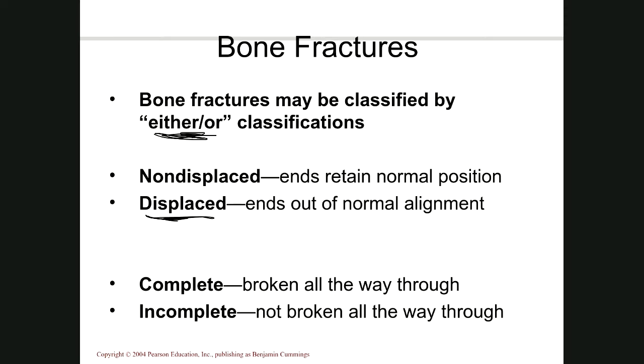They're like this. They're not lined up. Or non-displaced, which means even though they're broken, they're still in the right place. It can be complete or incomplete. So a complete fracture goes all the way through the bone. But an incomplete fracture only goes part of the way through the bone, which means that some parts of the bone are still attached.